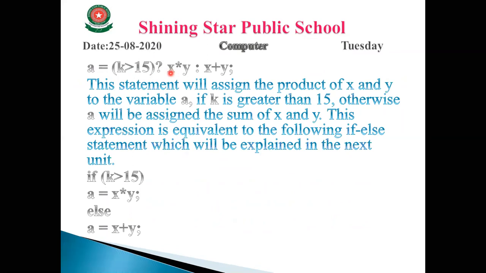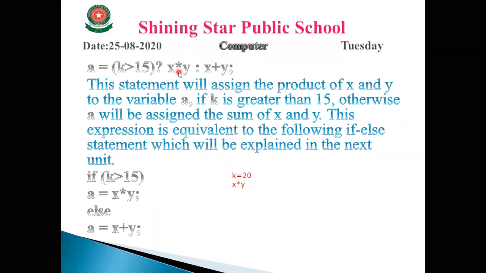So now according to this condition, if our condition is true, let's suppose we take k equals 20. So it means now the controller will execute x * y because the condition is true. So when the condition is true, the controller must execute expression number 1.